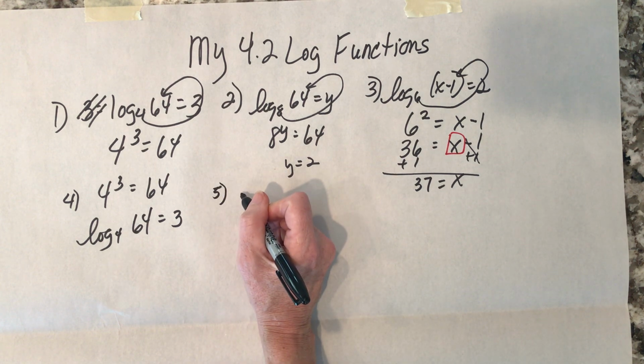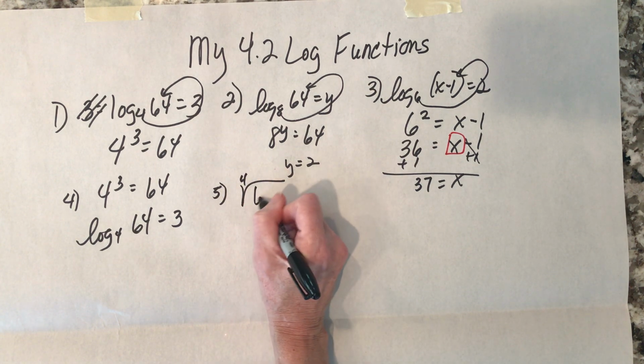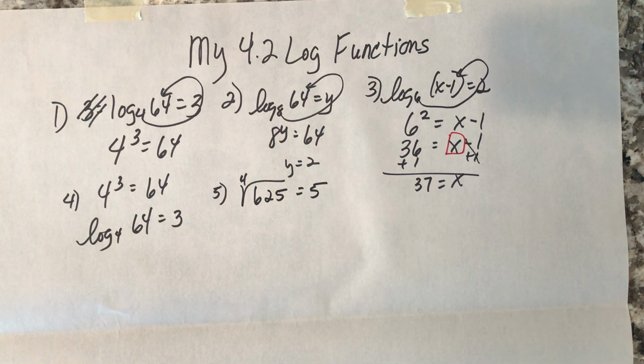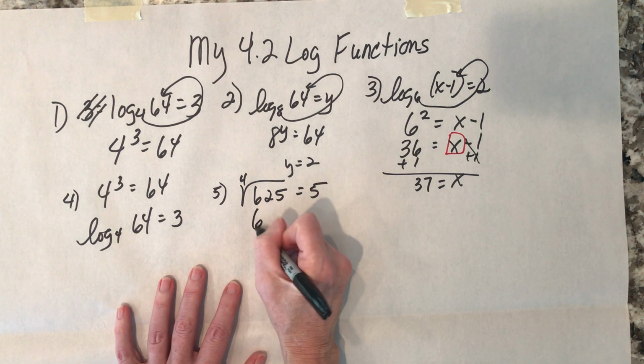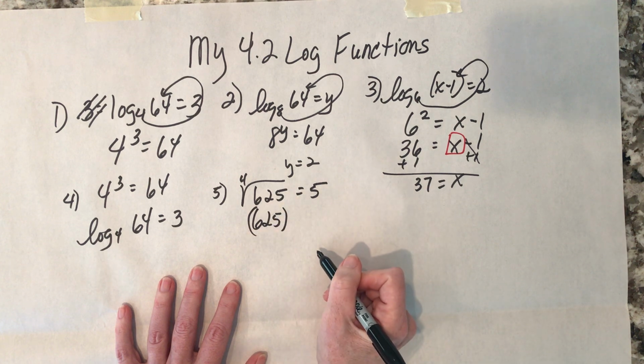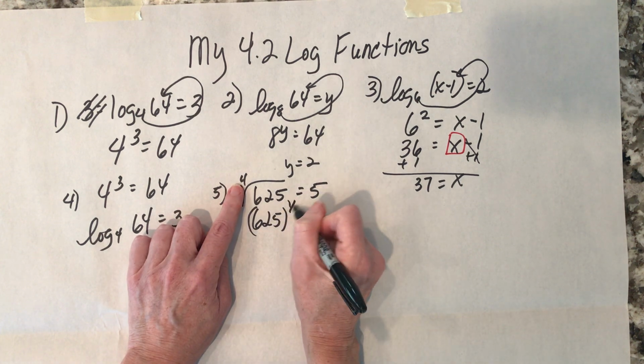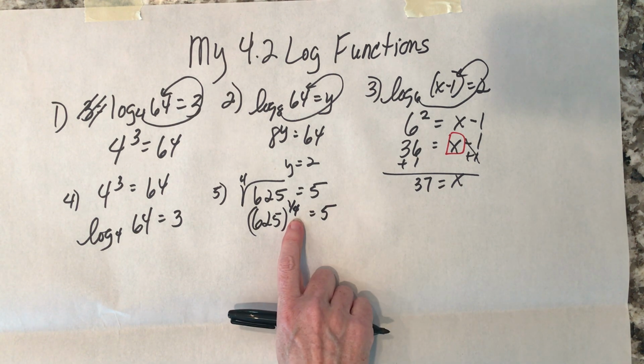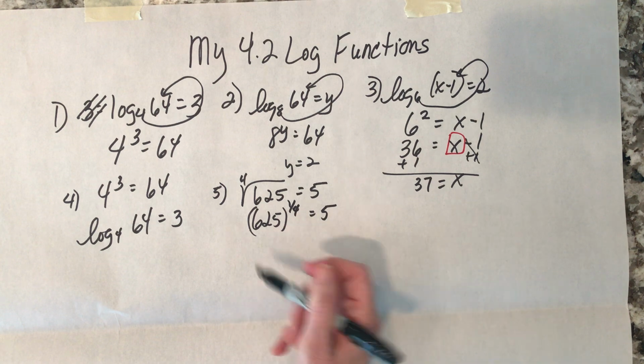Number 5, we've got the fourth root of 625 equals 5. Your brain needs to know that this is going to be 625 raised to the 1/4 power. You've got to transfer it to that kind of an equation with an exponent before you can write it as a logarithmic.